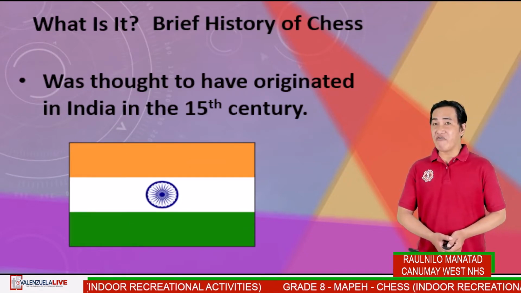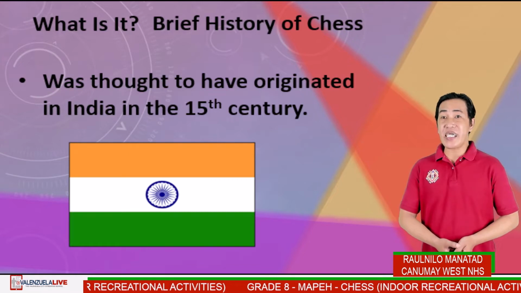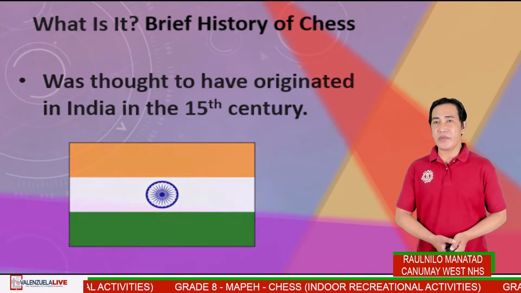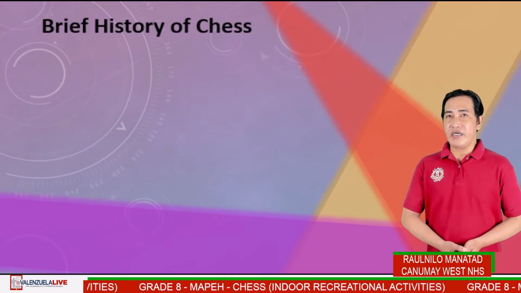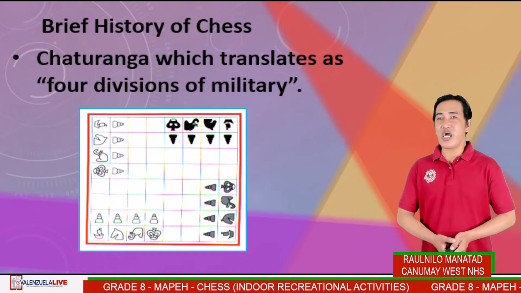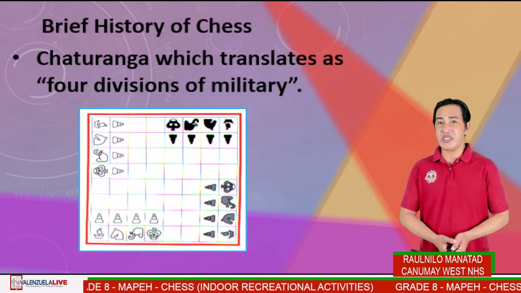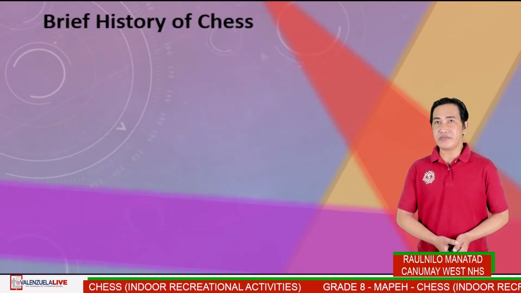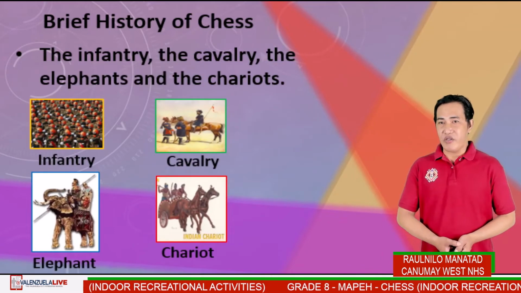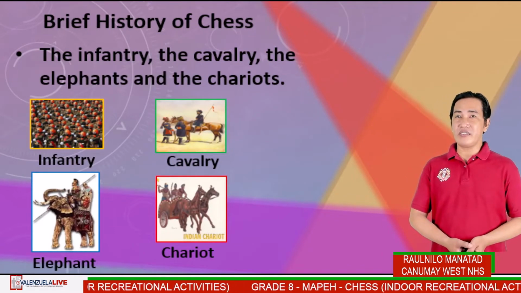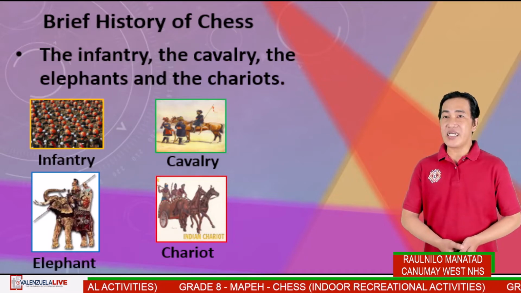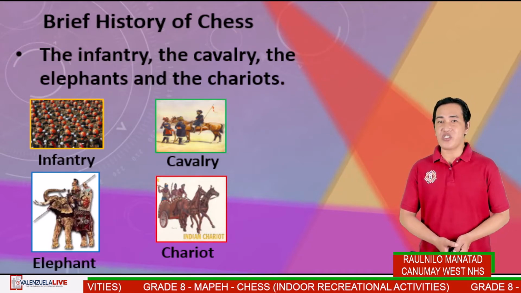Chess is believed to have originated in India during the Gupta Empire. It is called Chaturanga, which translates as the four divisions of military. Four divisions of military are the infantry, the cavalry, the elephants, and the chariots.